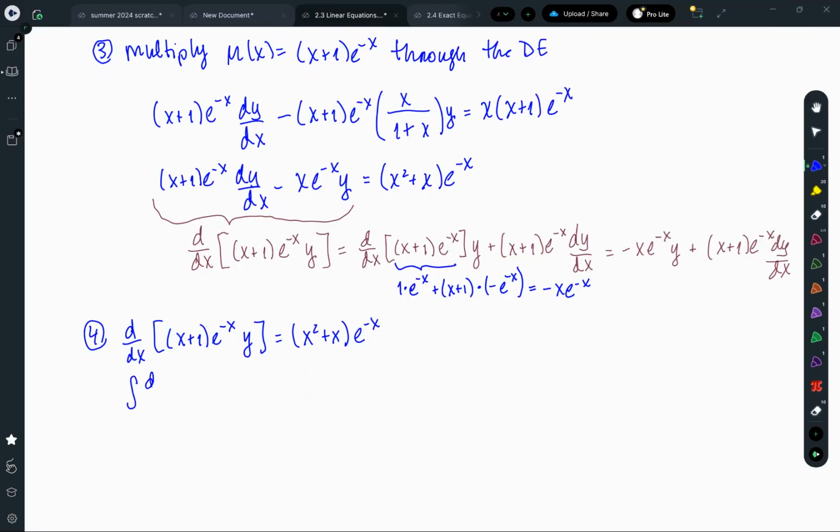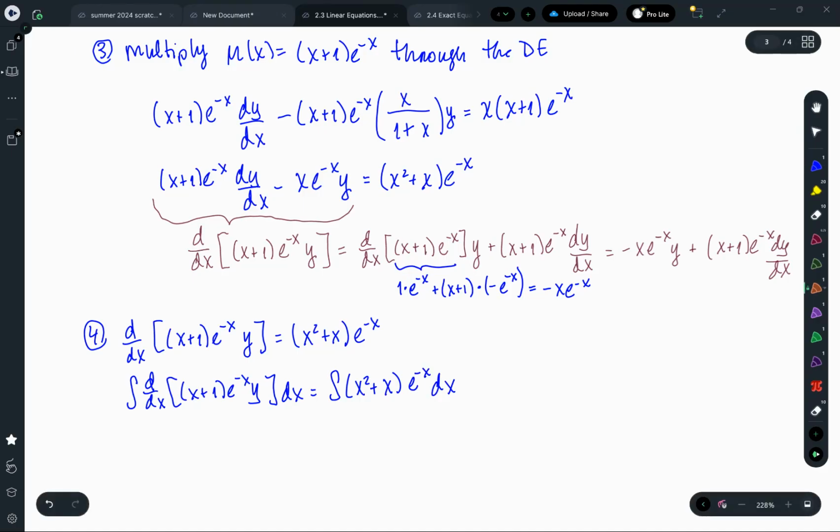So I get the integral of d dx of (x plus 1) times e to the minus x times y dx is equal to the integral of (x squared plus x) times e to the minus x dx. Okay, left-hand side is easy. The integral and the d dx, those are going to undo each other by the fundamental theorem of calculus.